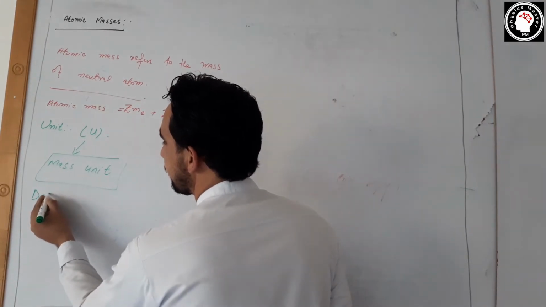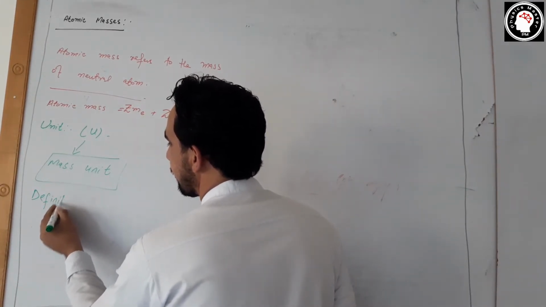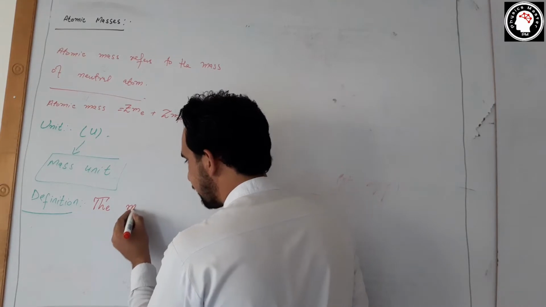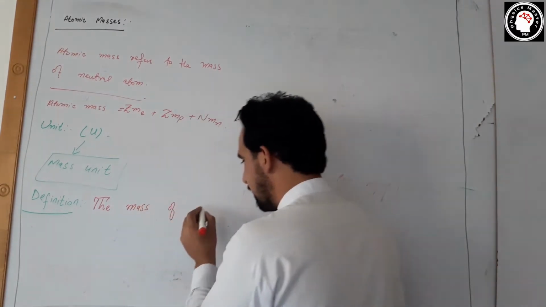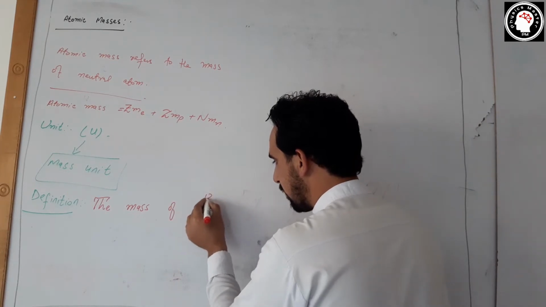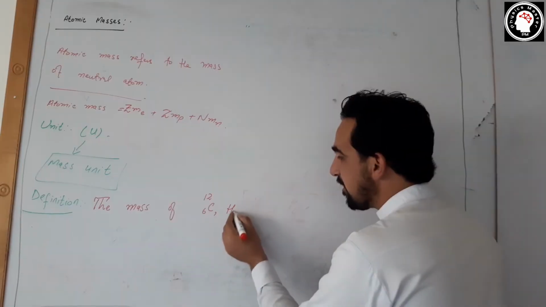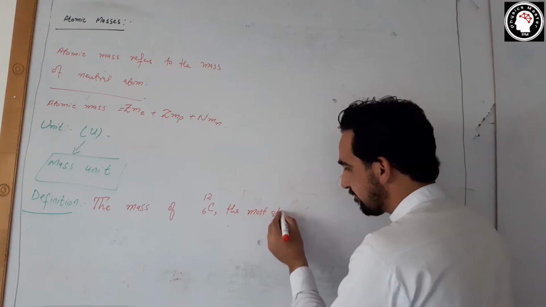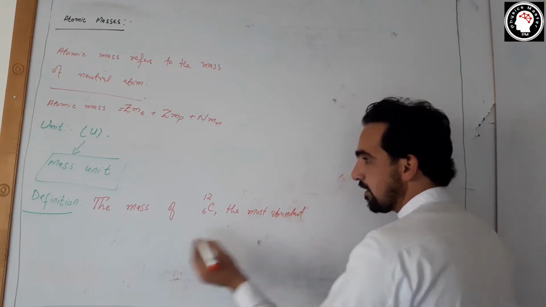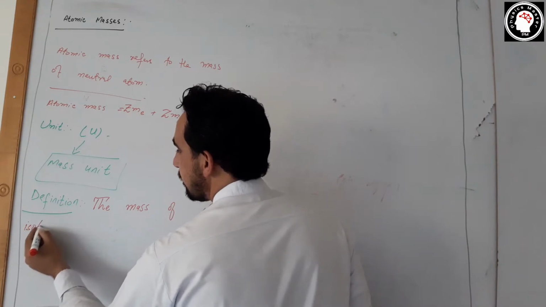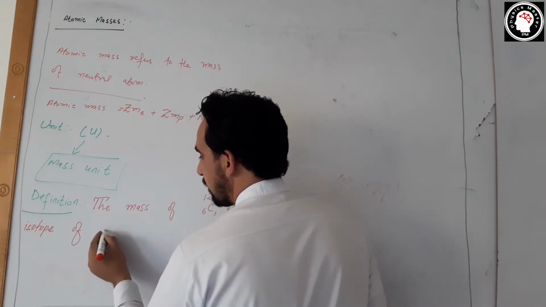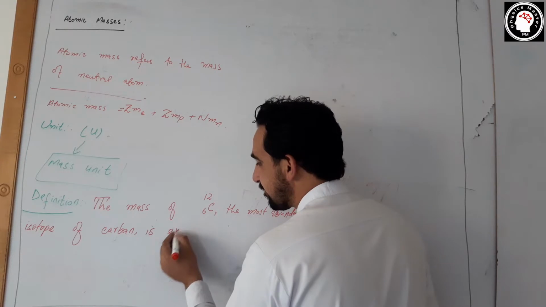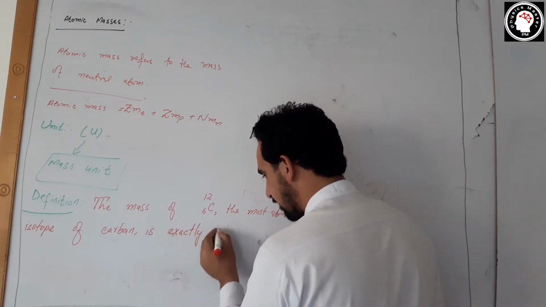Define: one atomic mass unit is the mass of C-12, which is the most abundant isotope of carbon, and it is exactly 12 u.